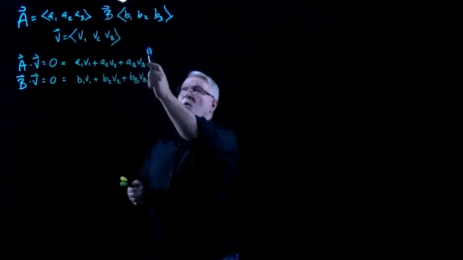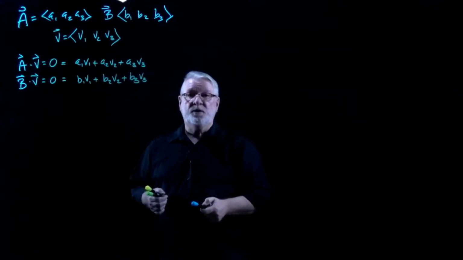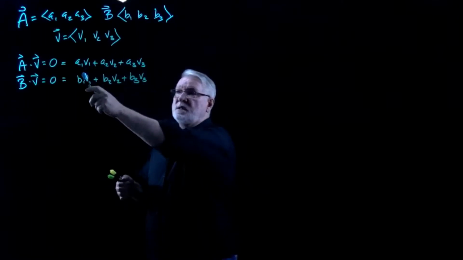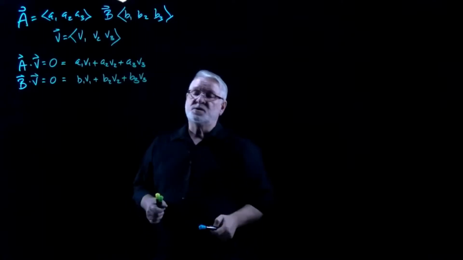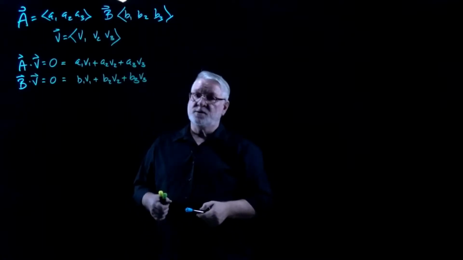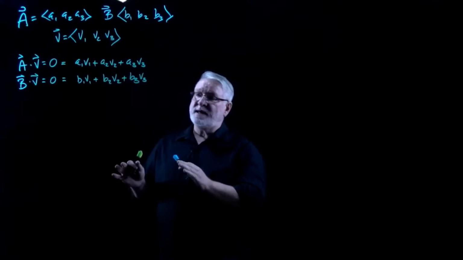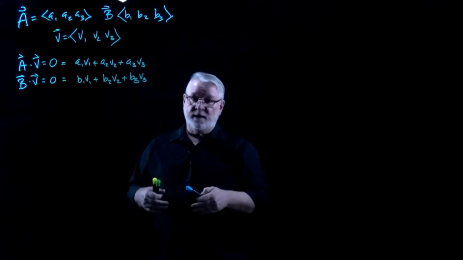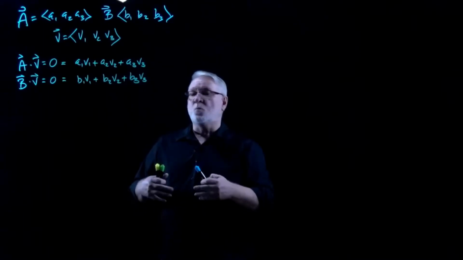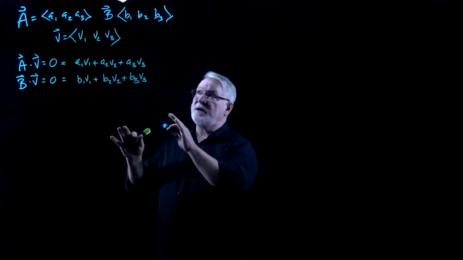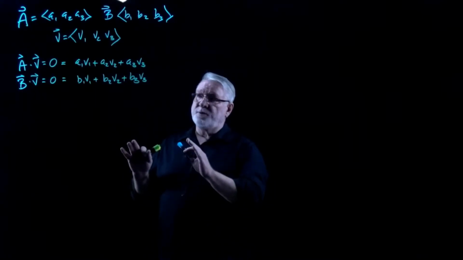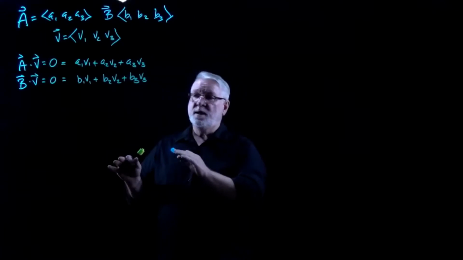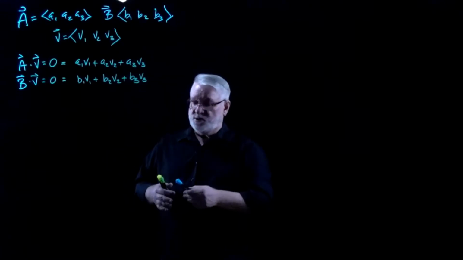Even if we knew A1, 2, and 3 and B1, 2, and 3, substituting those into these two equations still produces three variables with only two equations. And unfortunately, that means I can't solve the system exactly. What I'm going to have to settle for is one of the many solutions that V could be perpendicular to A and B. See, with the proper choice, we can actually choose one that has some interesting implications.